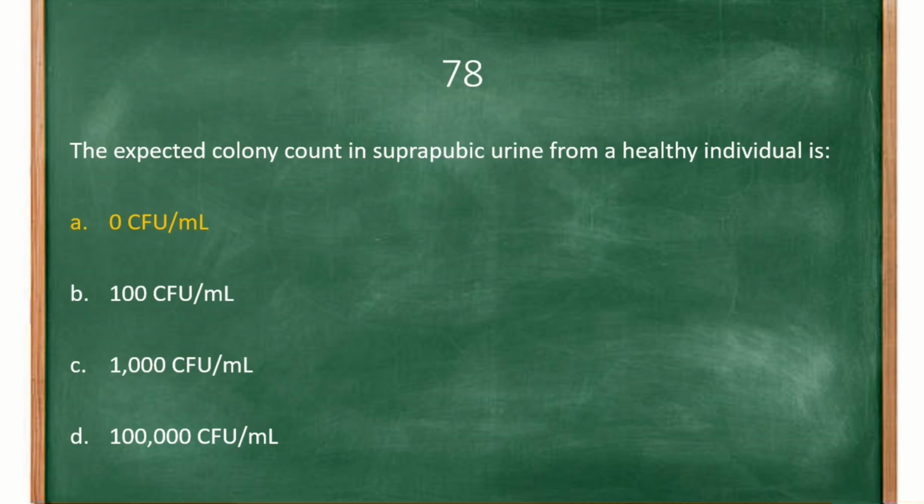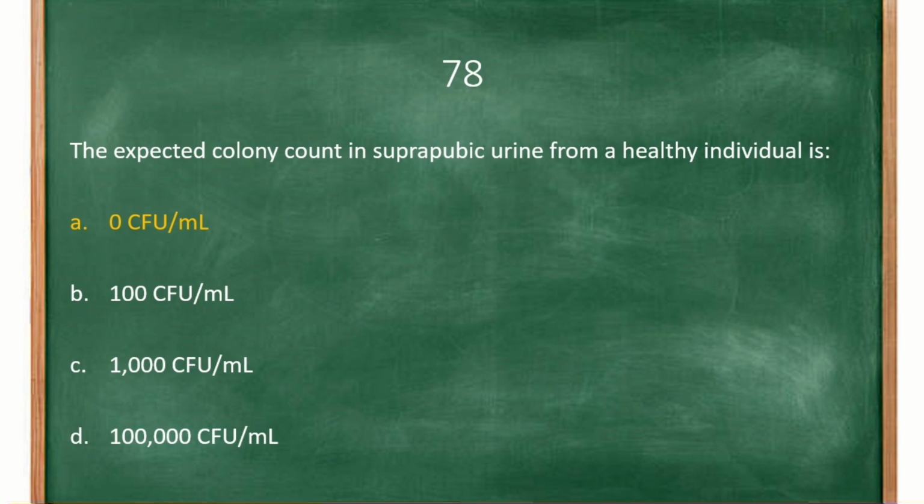So suprapubic urine is urine that was collected directly from the bladder, and this urine, if it's from a healthy person, should contain no bacteria, because it's supposed to be sterile.